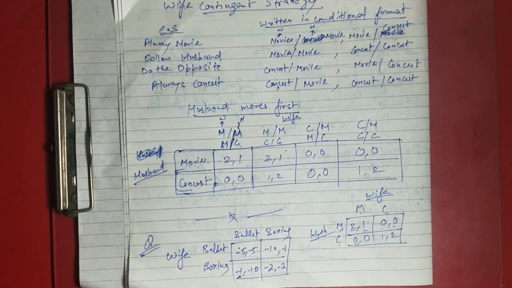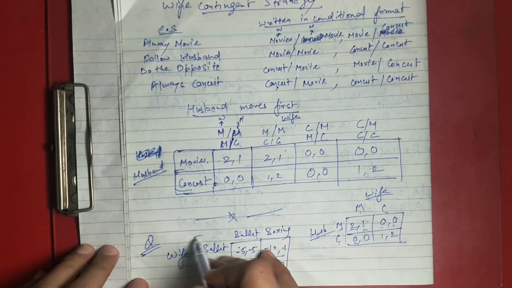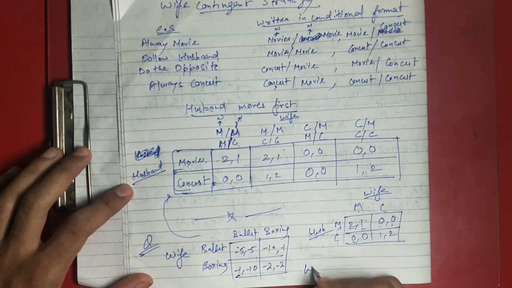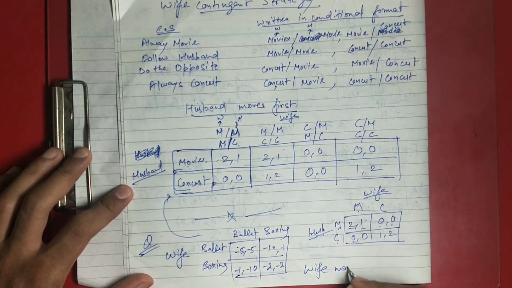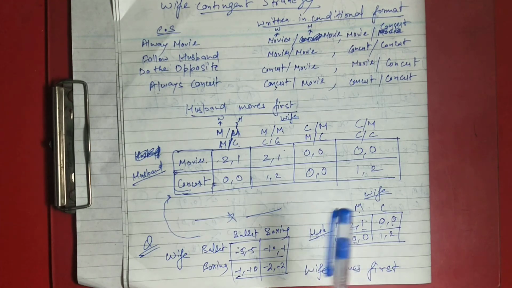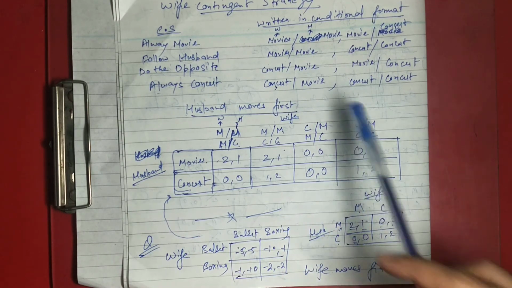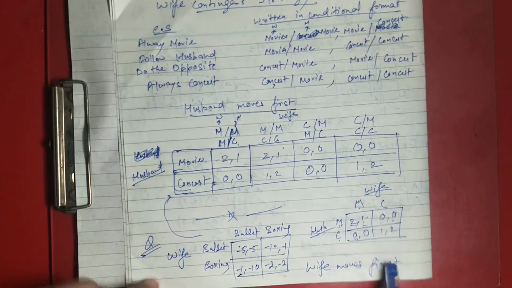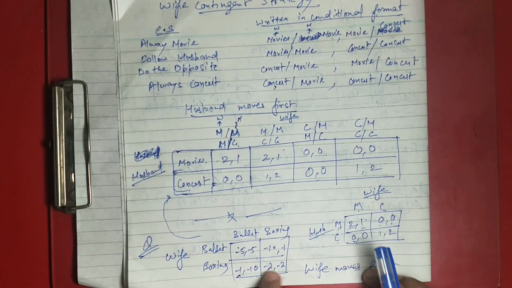You have to do this question and convert it into this type of matrix. And I am telling you that the wife moves first. In the above example the husband was moving first, but in this example I am telling you to take the wife as first mover, so that you get practice from the other side also.